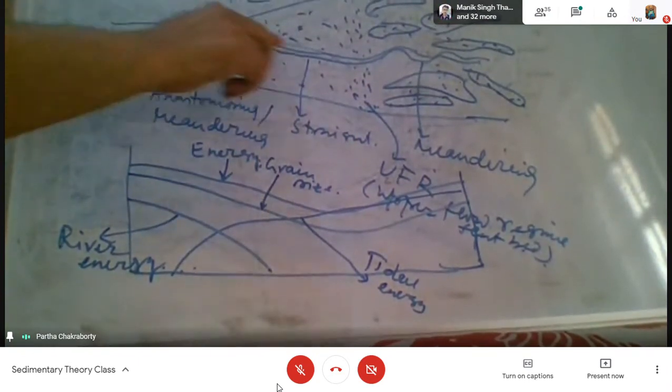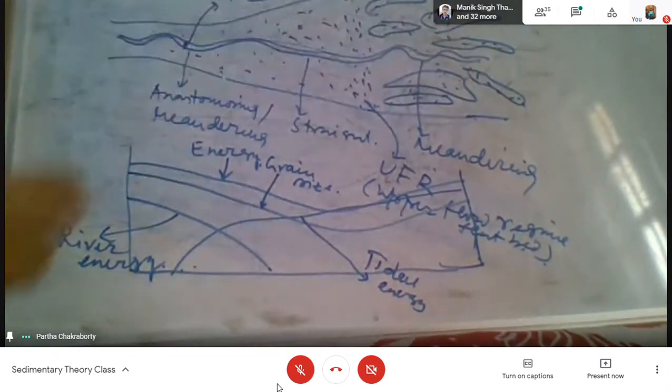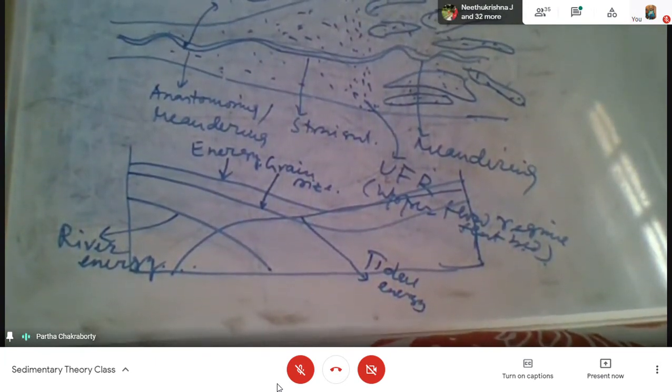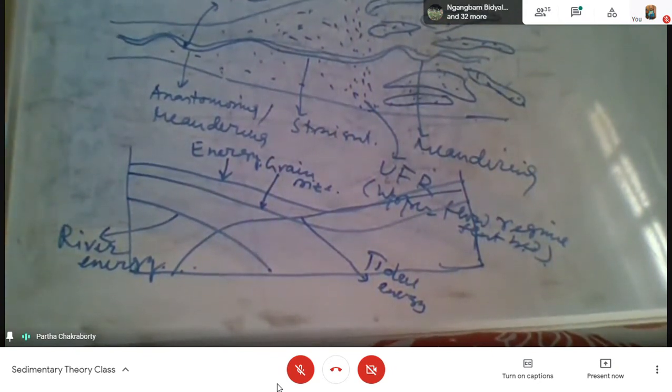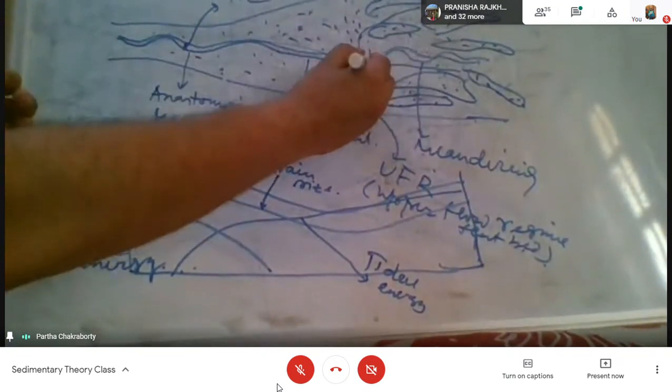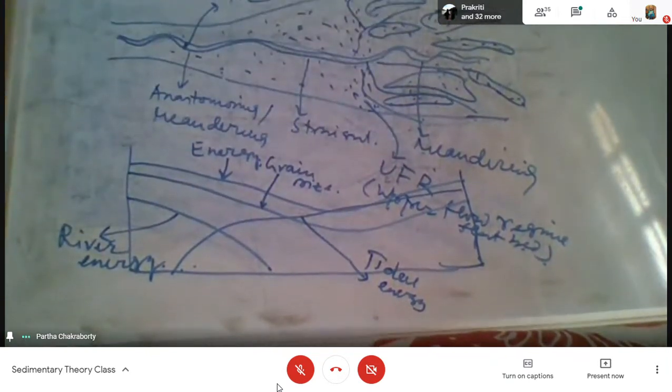The river system continues even up to the end of the estuary. That is exactly what is happening in the Ganges. It doesn't end there, and it develops a large number of channels.